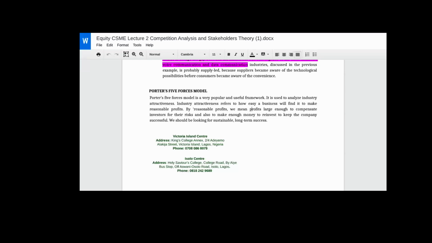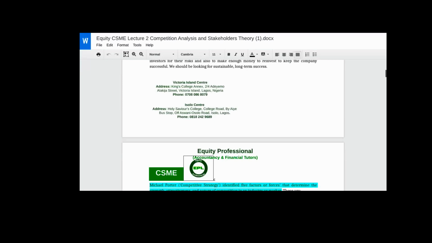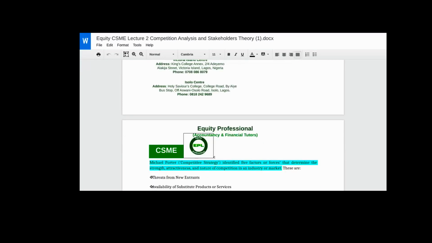So the 5 forces model that I've told you we use to analyze the degree of competition in any industry comprises the following 5 forces. So what are the 5 forces?